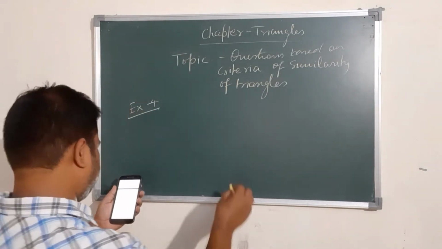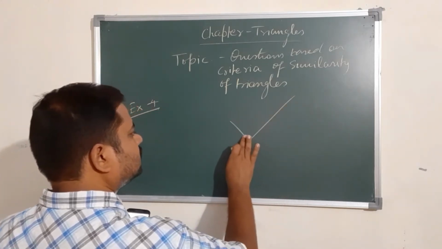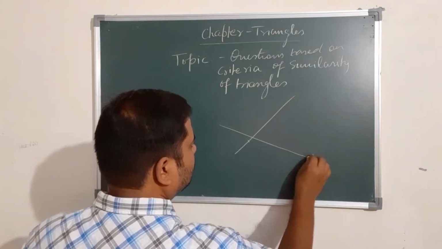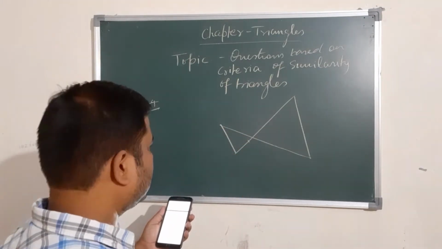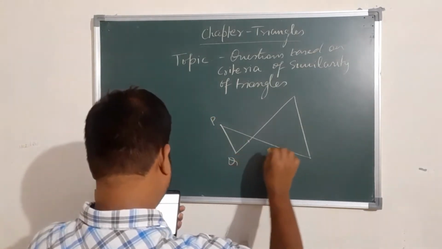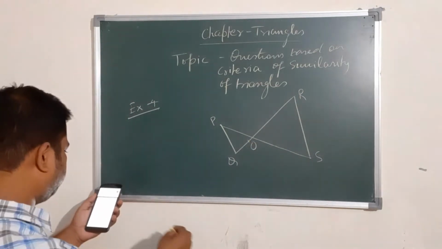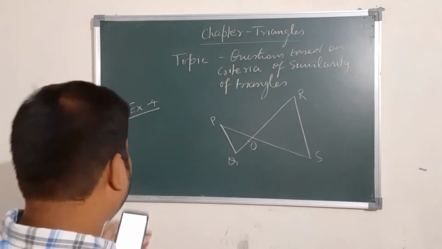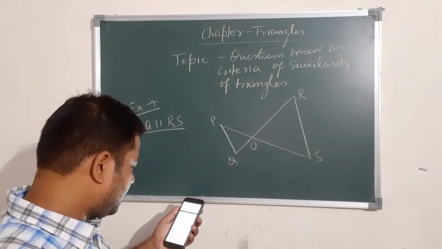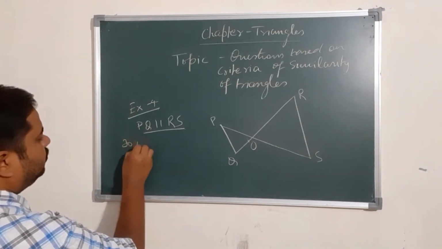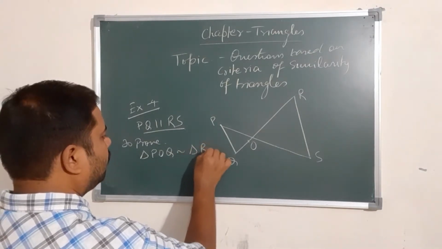In the given figure 6.29, PQ is parallel to RS, and the lines intersect at O. Prove that triangle POQ is similar to triangle ROS.